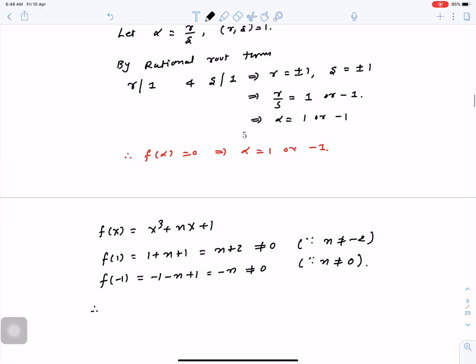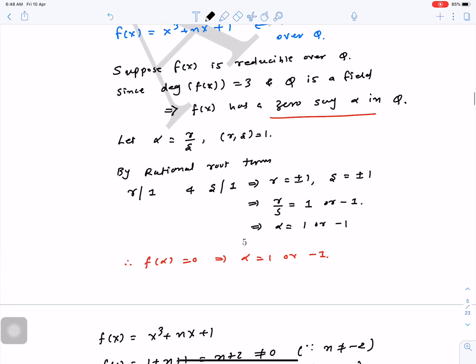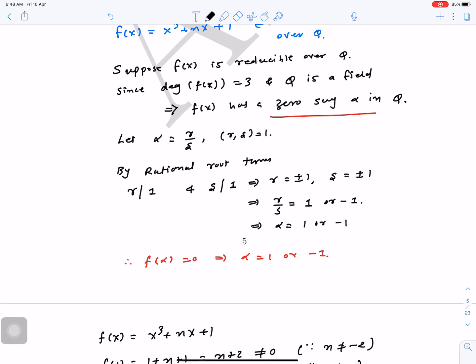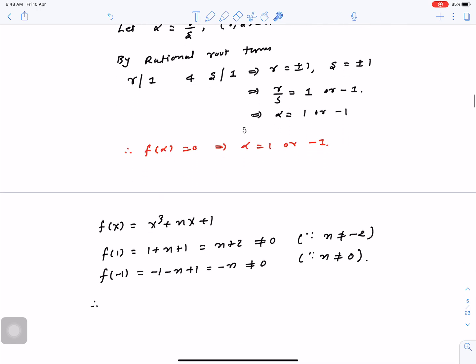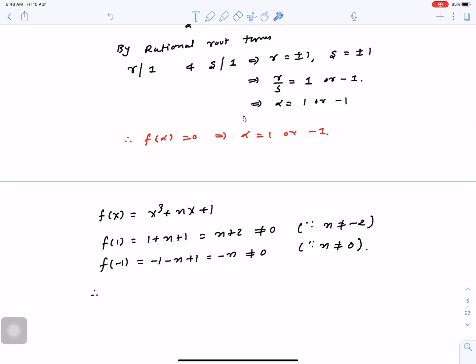By the rational root theorem, if f(x) has a root alpha, then alpha must be 1 or minus 1, and by manually checking, f(1) and f(minus 1) are non-zero.